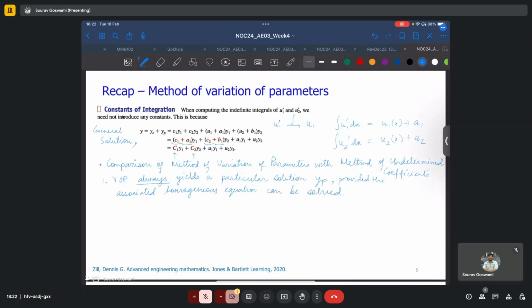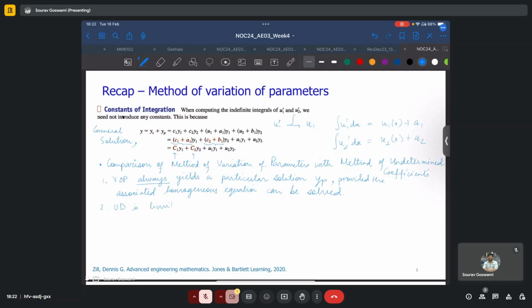Because as you saw, to obtain the particular solution, we must first have our complementary function, which will have those two solutions to the second order ordinary differential equation, y1 and y2, and so the equation should be solvable in the first place.